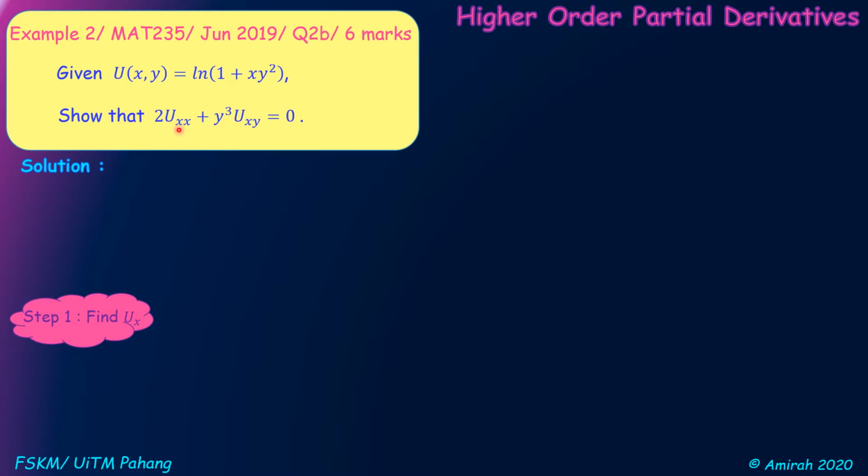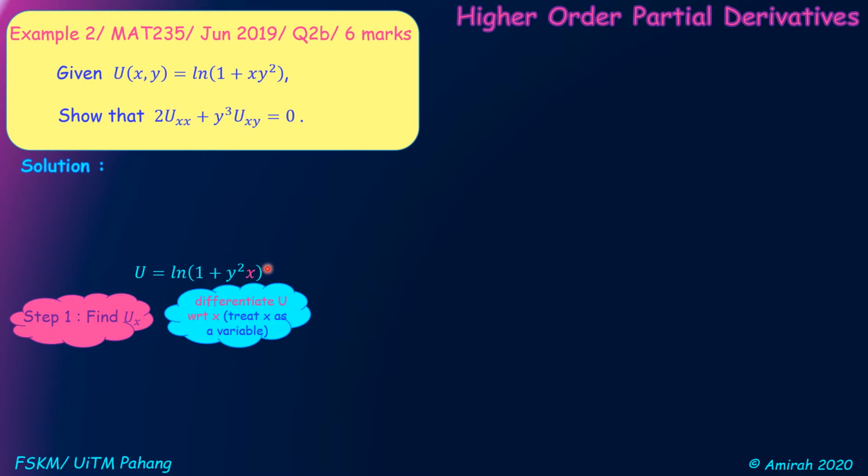Alright, from here we have u_xx. So to find u_xx, first we need to find u_x, and to find u_x, we need to refer to u. Okay? u_x here means we differentiate u with respect to x, and we treat x as a variable.